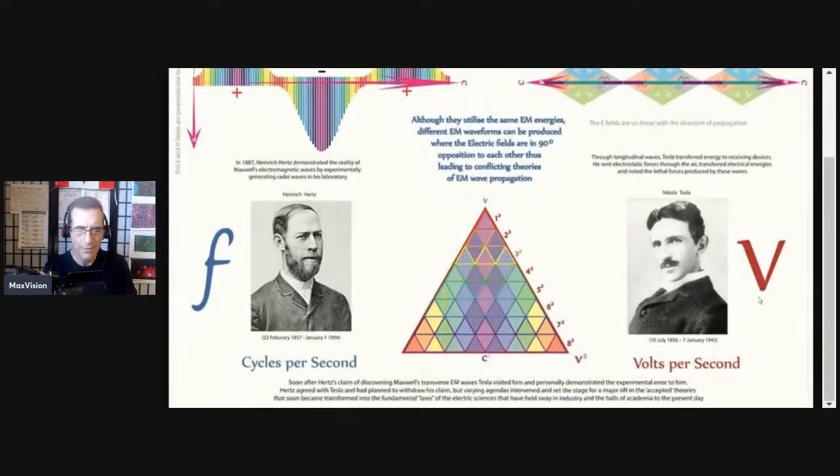Interesting. I have an article that kind of confers it differently. Soon after Hertz claimed to have discovered Maxwell's transverse EM waves, Tesla visited him and personally demonstrated the experimental error to him. Hertz agreed with Tesla and had planned to withdraw his claim, but varying agendas intervened and set the stage for a major rift in the accepted theories that soon became transformed into the fundamental laws of the electric sciences that have held sway in industry and the halls of academia to the present day.